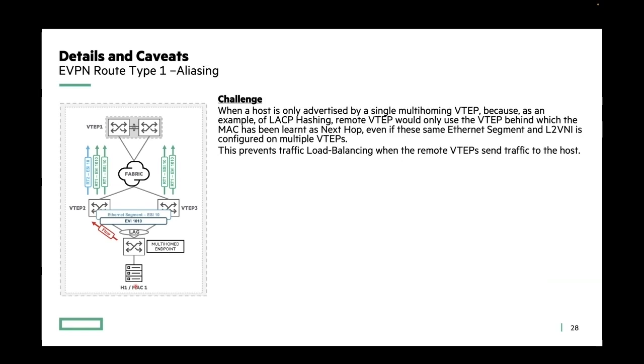Logically, when we have all active, we need all VTEPs to be capable of receiving the traffic from the remote VTEP and sending it back to the multihomed endpoint. So this situation would prevent load balancing between the different multihome VTEPs.